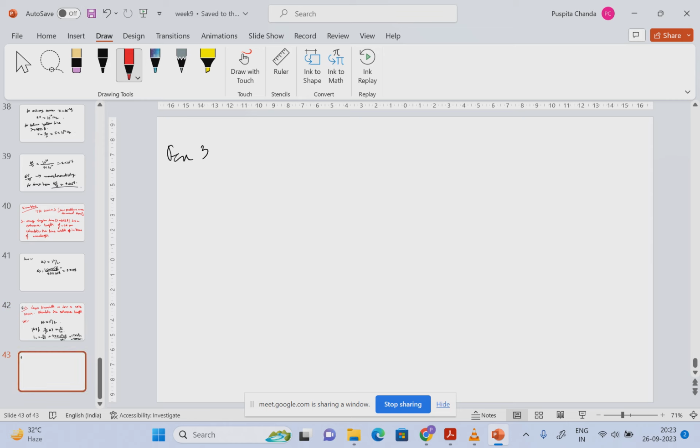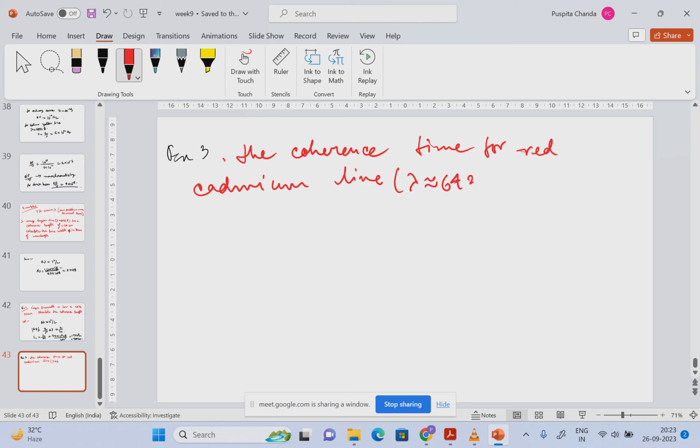Example 3. The coherence time for the lead cadmium line, lambda 6438 angstrom, is about 10 to the power minus 10 second.